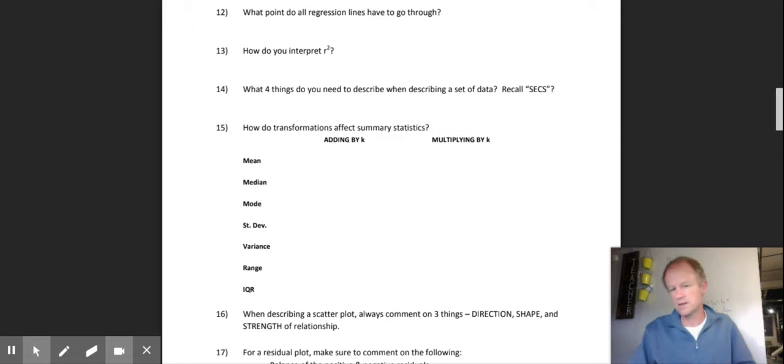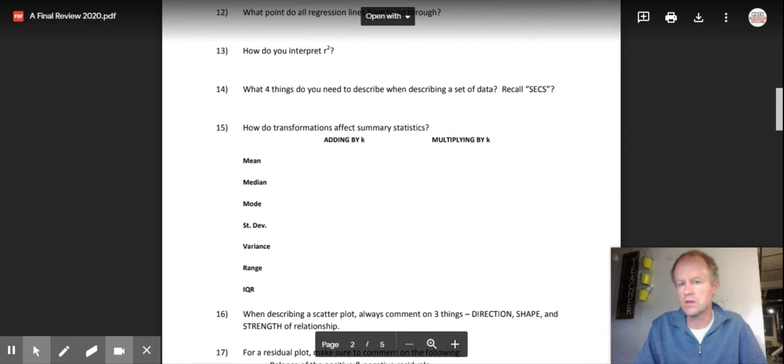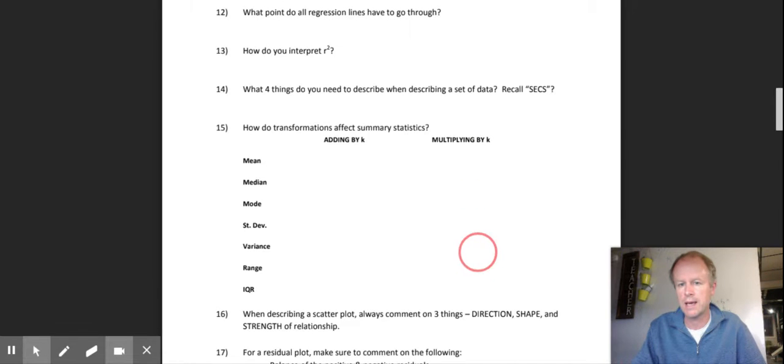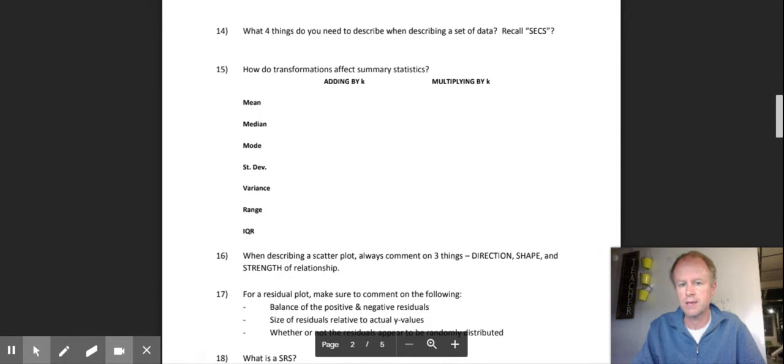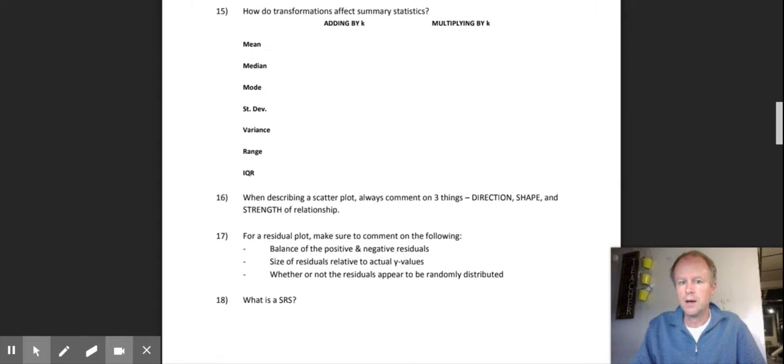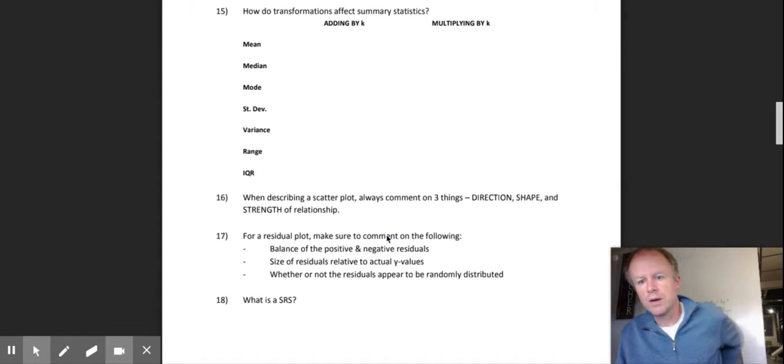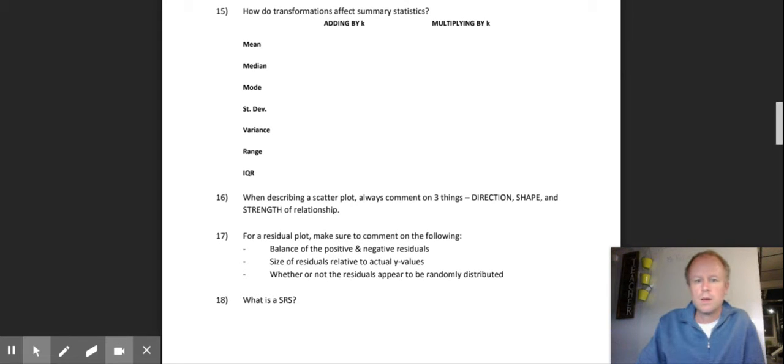Well, everything is going to be multiplied by 10. So in general, everything is going to be multiplied by k. All right, remember IQR is interquartile range, so make sure you remember that as well. Whenever we describe a scatter plot, we always talk about three things.